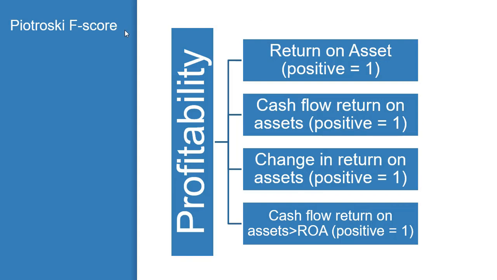What this actually measures is: is the company profitable, and is the profitability getting better from last year to this year? That is a good thing to measure, and that is also what I normally do when I look at fundamental momentum. I don't just want to look at a PE ratio or something like that, some static number. I want to see if the numbers are getting better and better year over year.